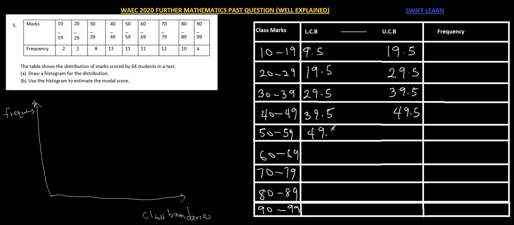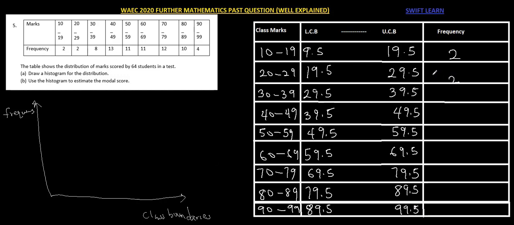Then you have 29.5 to 39.5, then 39.5 to 49.5, 49.5 to 59.5, 59.5 to 69.5, 69.5 to 79.5, 79.5 to 89.5, and 89.5 to 99.5. Inputting the frequency, the first is 2.